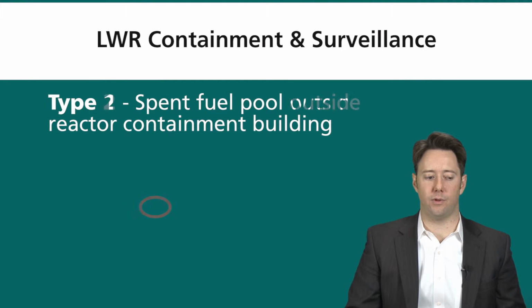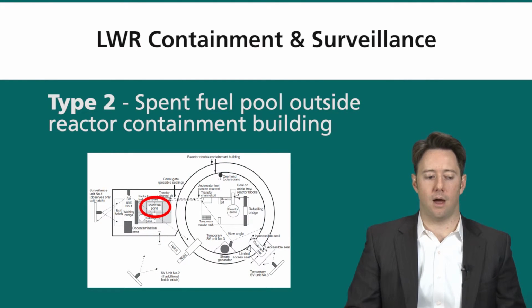And then type 2 basically means that the spent fuel pool is located outside the reactor containment building. And basically, the only difference here is that when the spent fuel pool is outside the reactor containment building, then you need to add some additional surveillance cameras, whether it's one camera or several cameras, in the spent fuel.